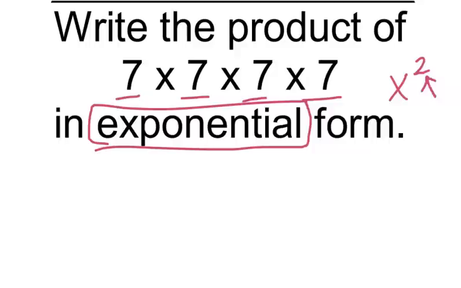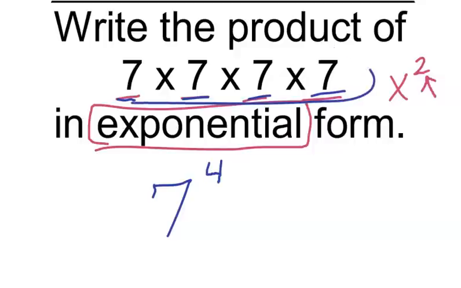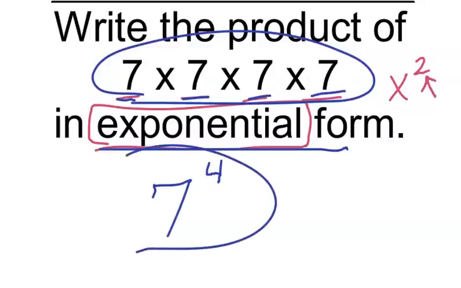Well, of course, we are using sevens, so I'm going to put a 7 right there. And 7 times 7 times 7 times 7 would be the same thing as 7 to the 4th power. So, to write this in exponential form, it's just this. Okay, 7 to the 4th power.